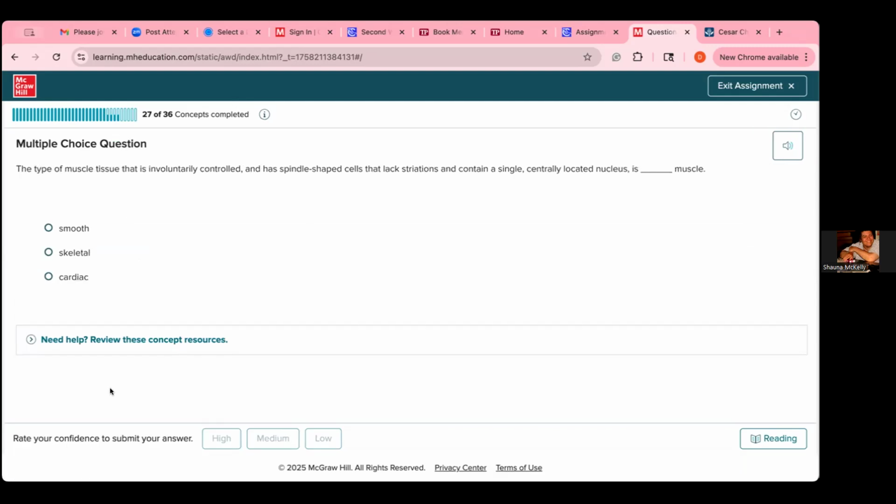The type of muscle tissue that is involuntarily controlled and has spindle-shaped cells that lack striations and a centrally located nucleus. Spindle-shaped cells that lack striations.